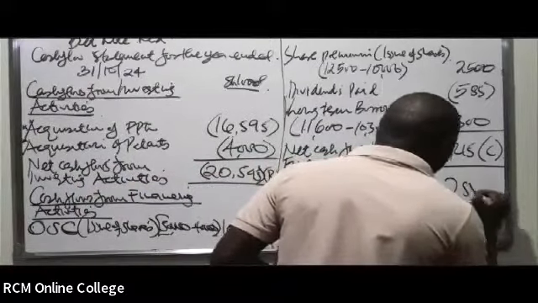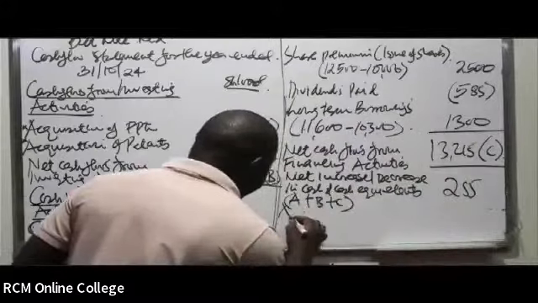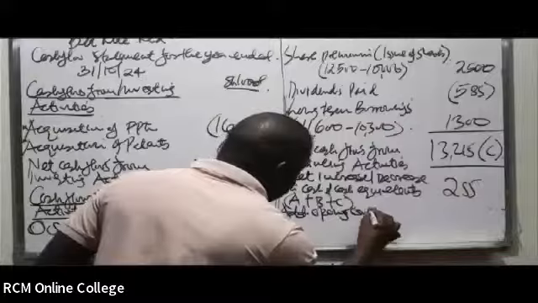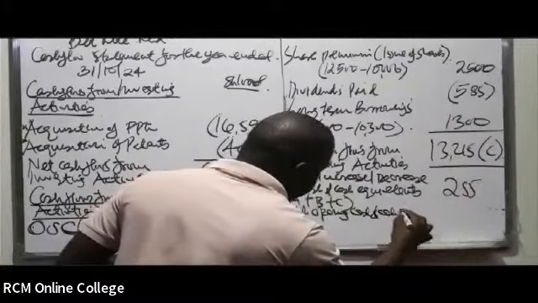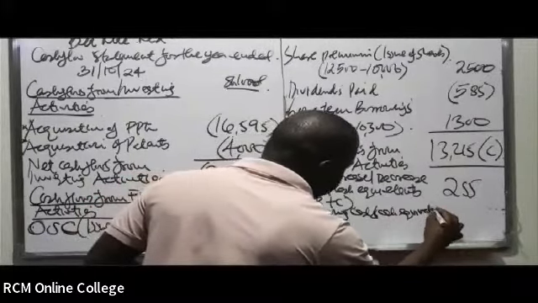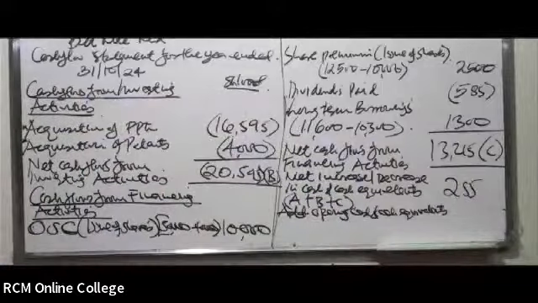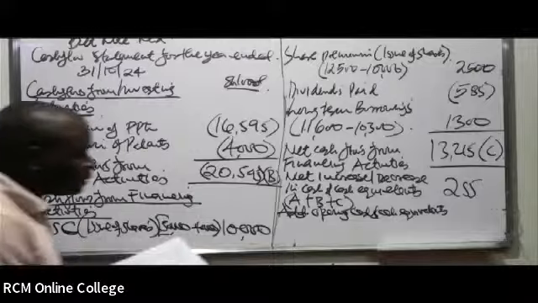So what do we say? We add on the opening cash and cash equivalents. The opening cash and cash equivalents is actually 2230.